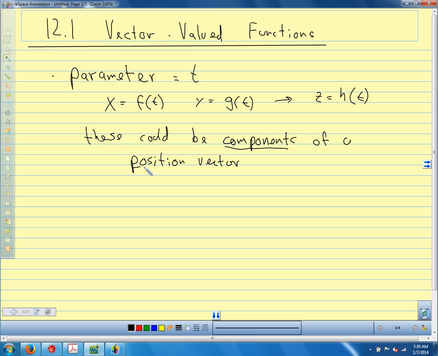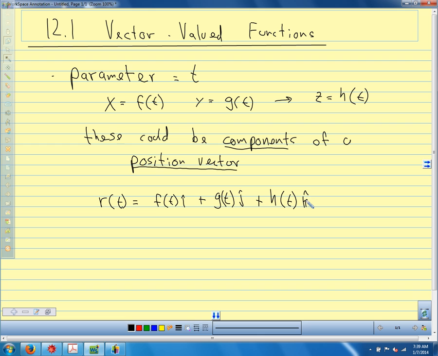So we say that r of t, and we usually use r for a position vector, r of t is f of t i hat plus g of t j hat plus h of t k hat.